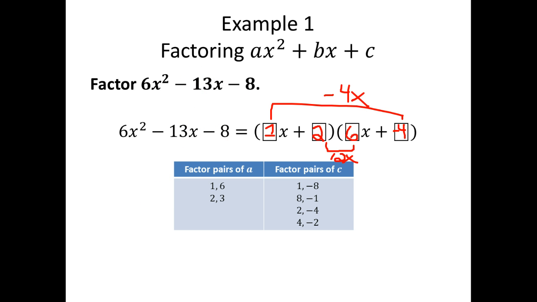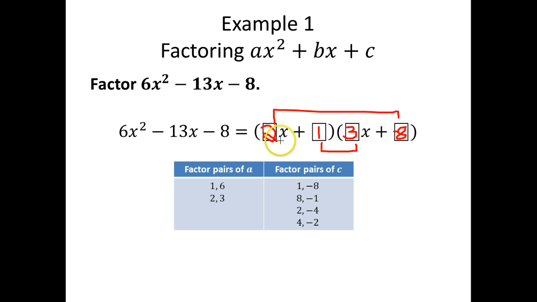Let's try the 2 and the 3. So let's try 2x here, 3x here, and maybe positive 1 and negative 8. Once again, 2x times 3x is 6x squared, and I know that my last product is going to be 1 times negative 8, which is negative 8, so I don't need to check that. I just check my outer and inner products.